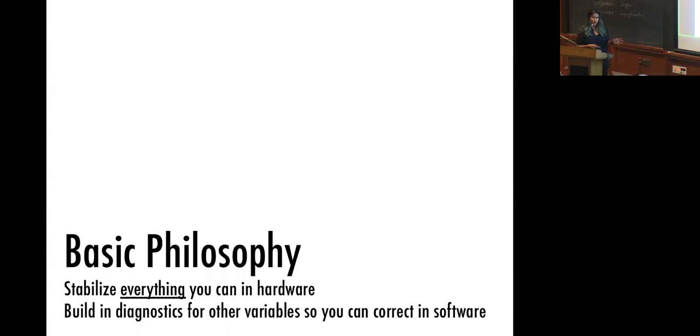But your job is not done once you're done building that instrument. So what you've done is stabilized everything to some level. That level is not zero. All of those things still exist at some level. So you want to make sure you beat down everything to some acceptable level, but for everything else that you couldn't correct in the hardware, like the star, for example, or the motion of the Earth, you want to build in diagnostics so that you can track these variables and then correct for them in your analysis.